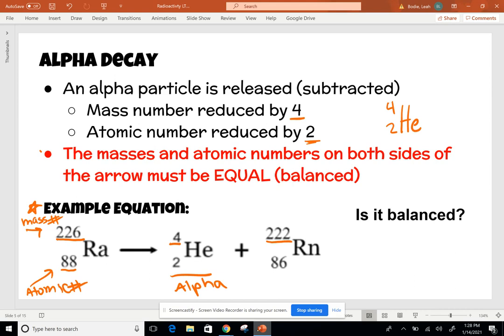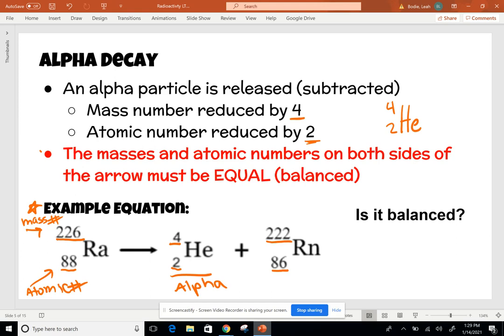And then our atomic number was reduced by 2 here. So we take 88 minus 2, and that's going to give us a new atomic number of 86. And so if we wanted to figure out what element this is, we go to the periodic table. We would look and see which element has an atomic number of 86, and we would see here that it is Rn for radon.